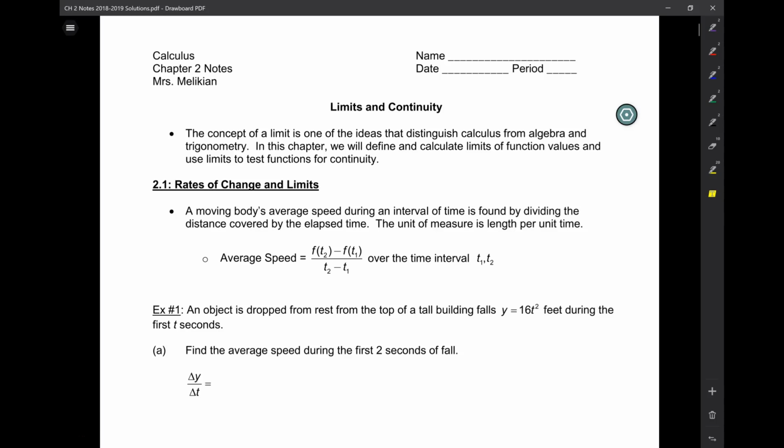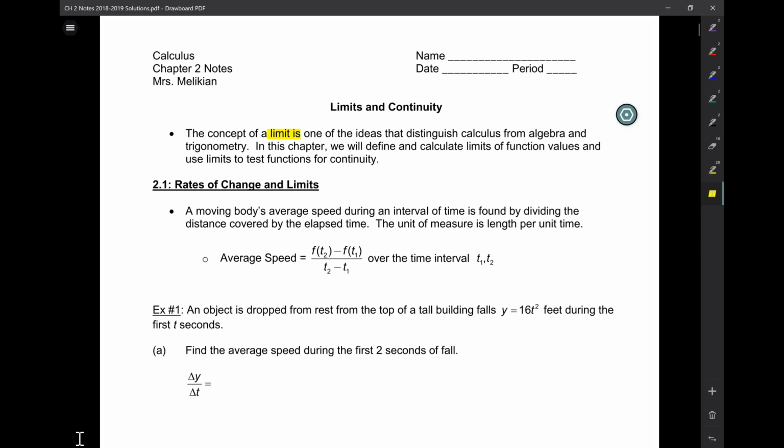All right, so first we'll talk about limits because continuity is defined using a limit, right? So a limit, or the idea of a limit, is one of the ways that calculus is different from the algebra type courses, right?